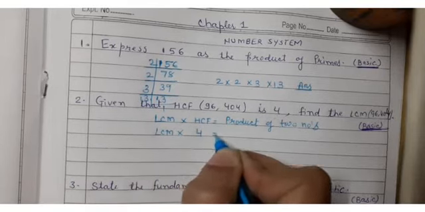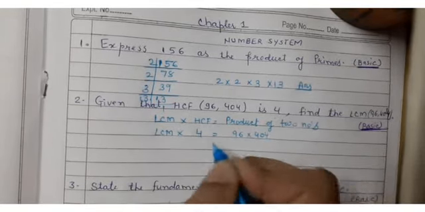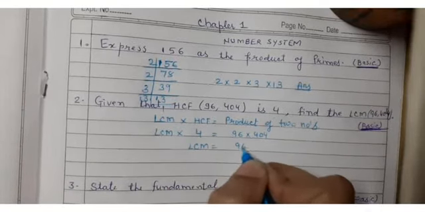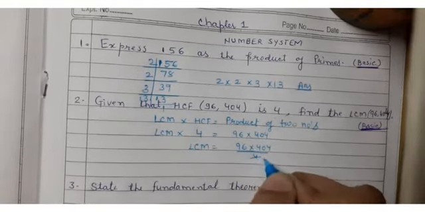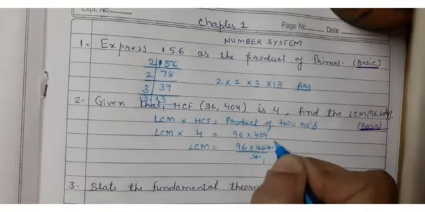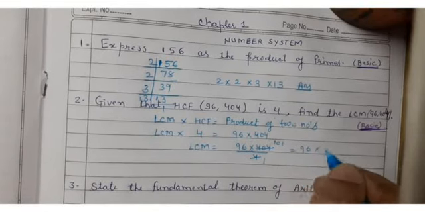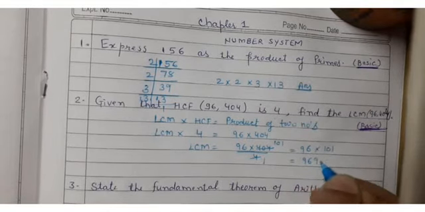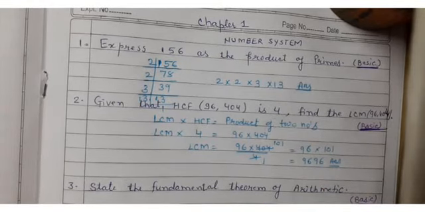HCF is given 4. What is the product? 96 into 404. Okay, what will be LCM? 96 into 404 upon 4. When you simplify it, 4 1s are 4, 101. Then 96 into 101. This will be 9696. This is your answer. Okay.